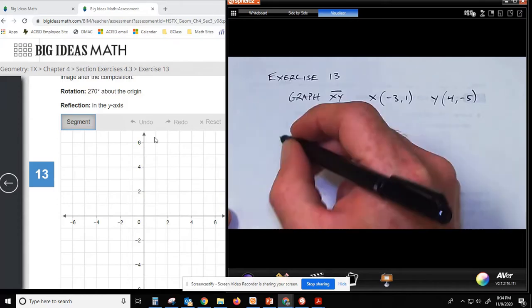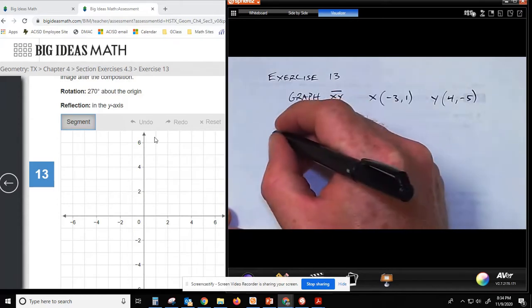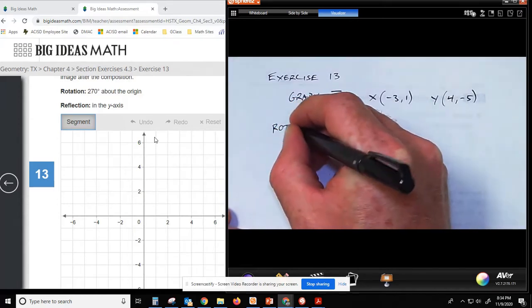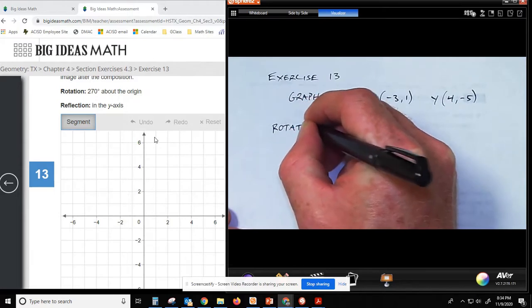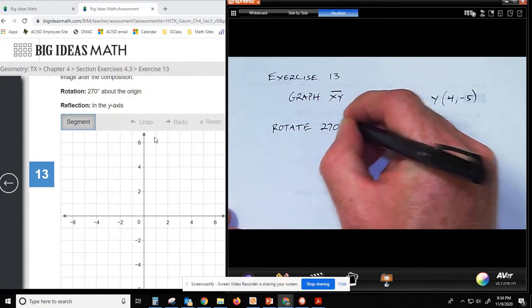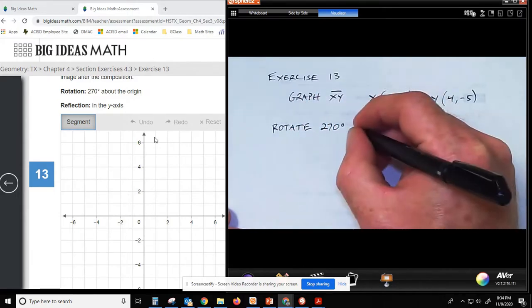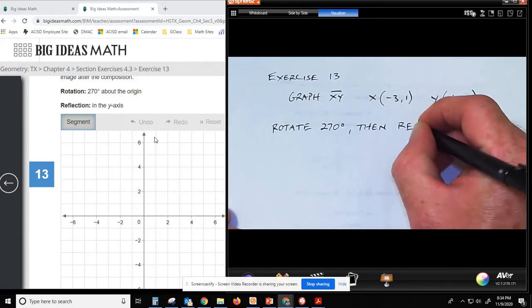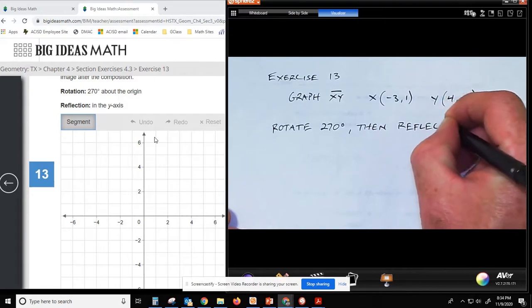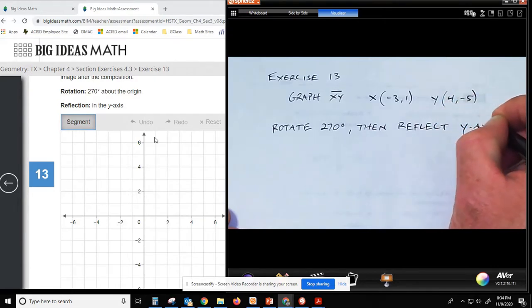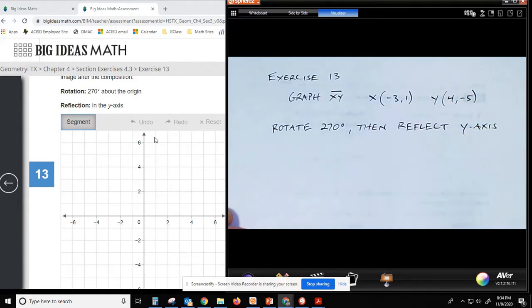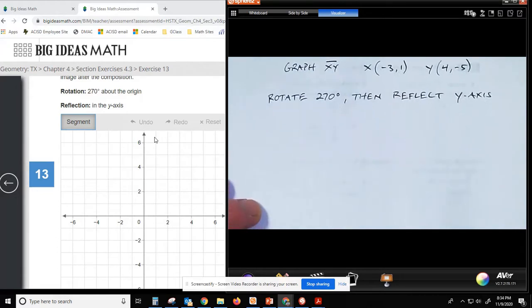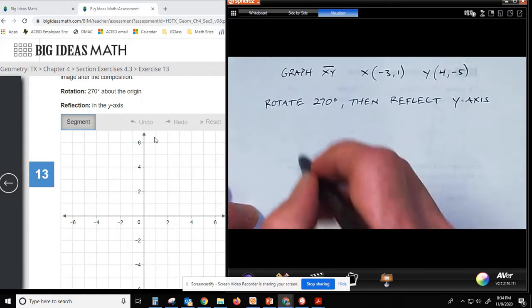So I'm going to write shorthand for myself. I need to rotate 270 degrees, and then reflect in the y-axis. Okay, so let's be methodical about this. Let's build ourselves a little table.